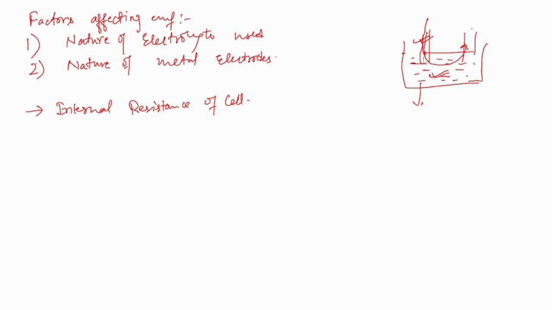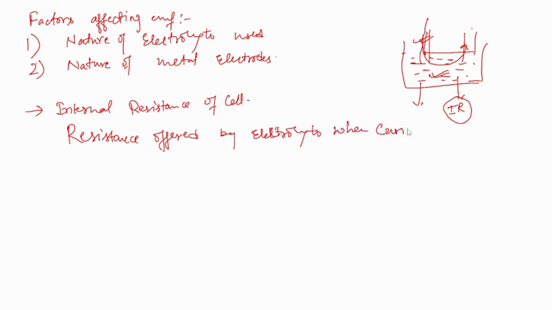This resistance is basically known as the internal resistance of a cell. Let me write it: resistance offered by electrolytes when current flows.